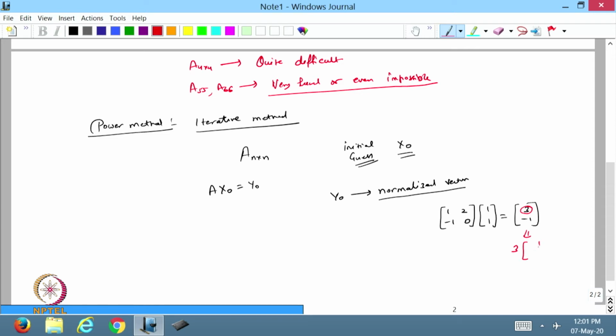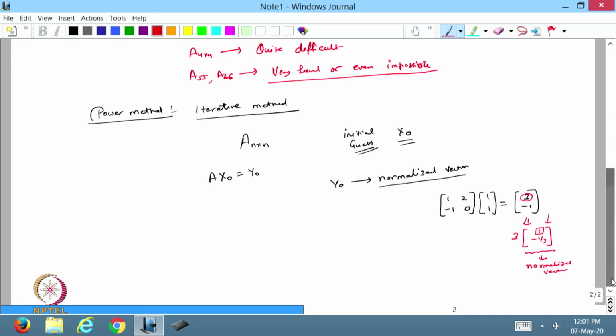The vector becomes 1 and minus 1 by 3. Now, the highest component in this vector is 1. So, this vector is called a normalized vector. It does not matter what the sign is, because we want the highest in terms of magnitude value, so that this vector becomes the normalized vector.